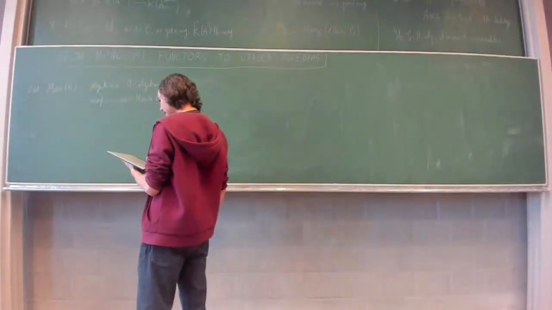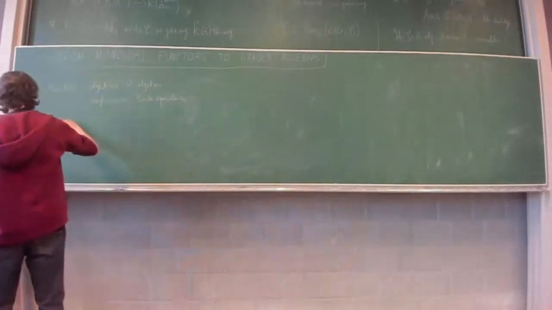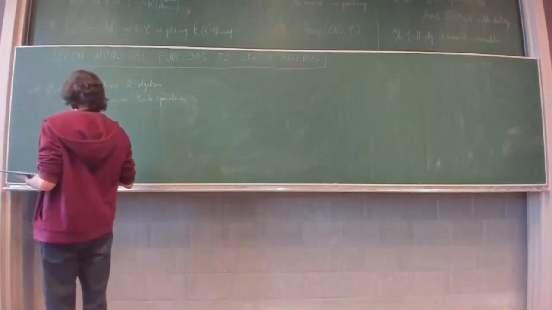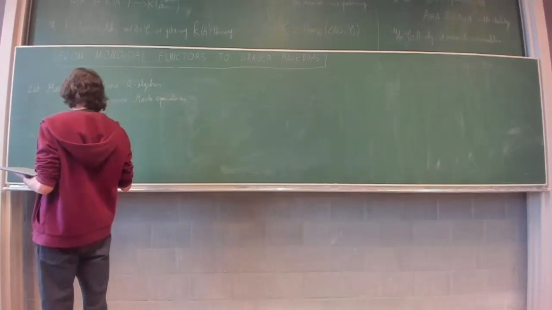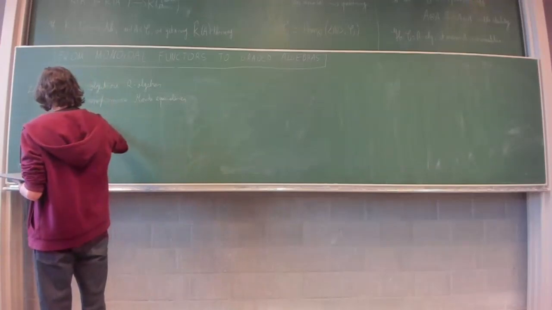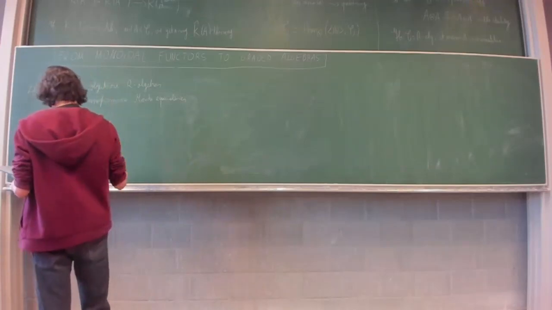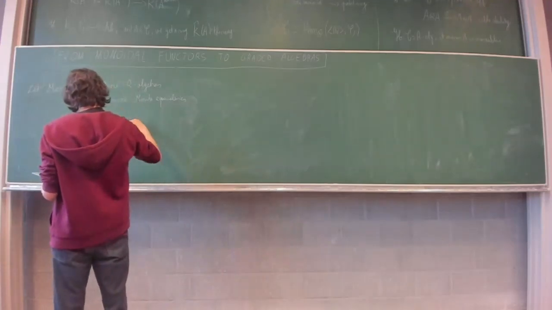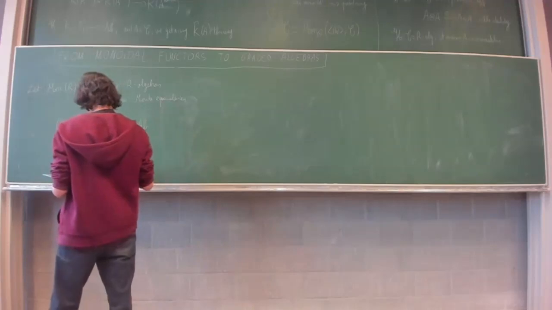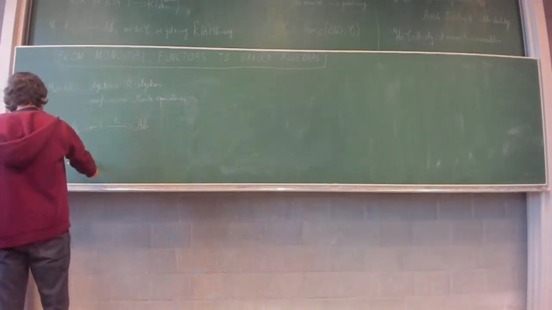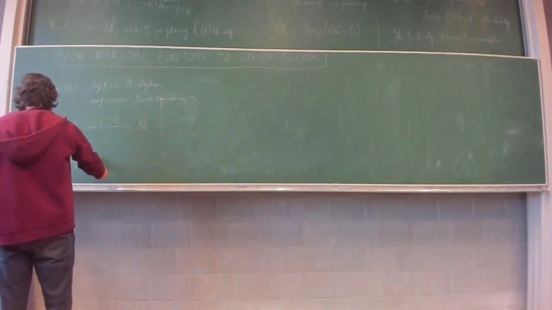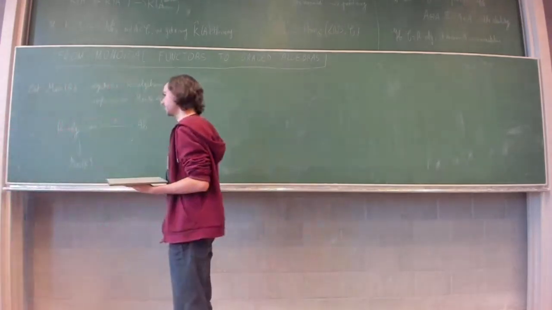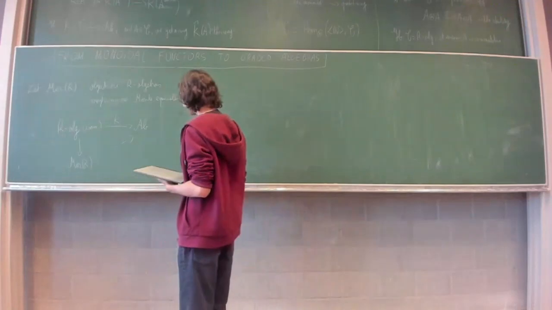For us, that's enough. Okay, and so in that case, if we take the category of algebras with just isomorphisms, I just keep the isomorphisms. Then K-theory factors like this, okay?